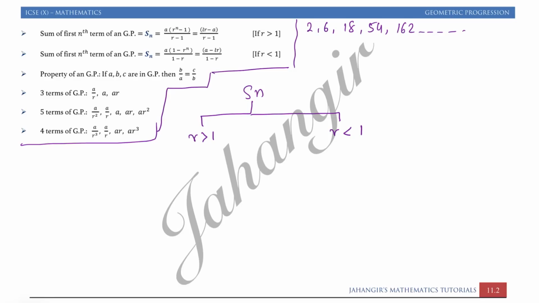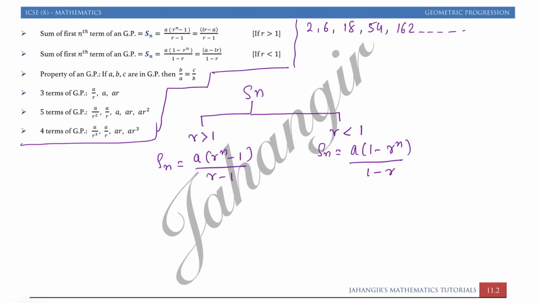When the ratio is greater than 1, we can say Sn is equal to a into r raised to n minus 1 upon r minus 1. And when r is less than 1, we can say Sn is equal to a into 1 minus r raised to n upon 1 minus r.